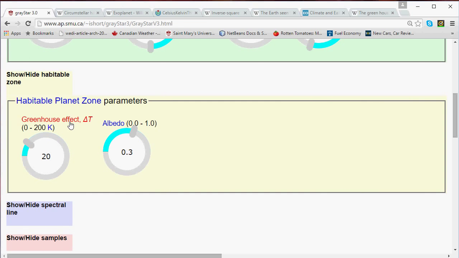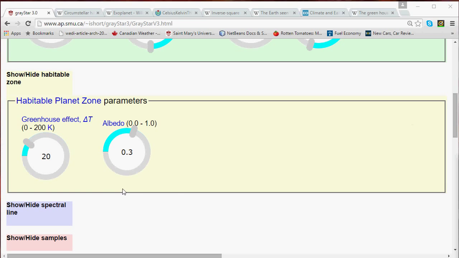And the value of the greenhouse effect here, the temperature boost that we get for the planet's surface temperature, is being set by default to a value that's actually somewhat lower than the Earth's real greenhouse effect temperature boost. And that is being done just to force gray star 3 to give the right result for the Earth's circumstellar habitable zone. That's just compensating for the fact that gray star 3's simulation isn't really as realistic as a research quality simulation would be. So those are the values that we're going to be starting from.